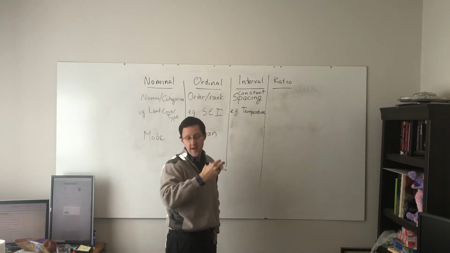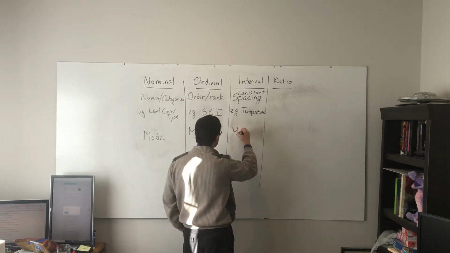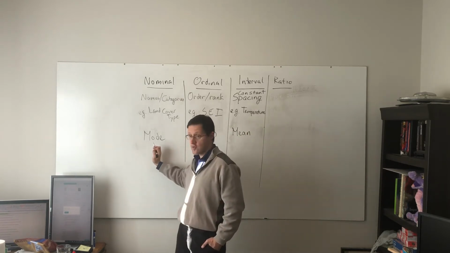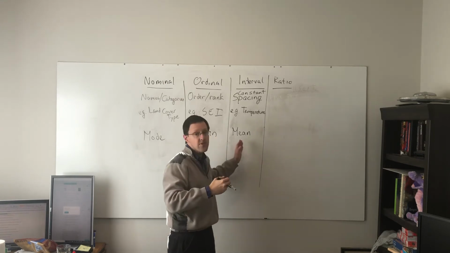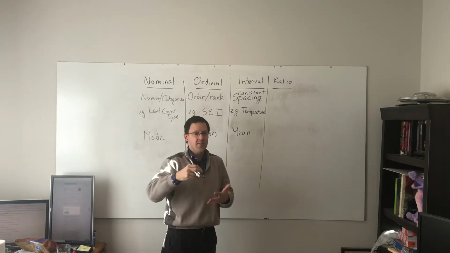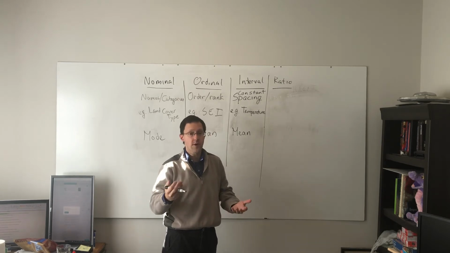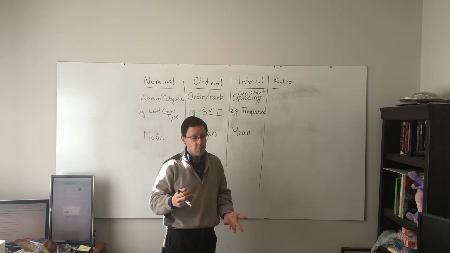With interval data, with temperature, we can still do a mode, we can still do a median. Now we can add to this the mean, to say what is the average daily high temperature for Morgantown during the month of January. That average is now possible.